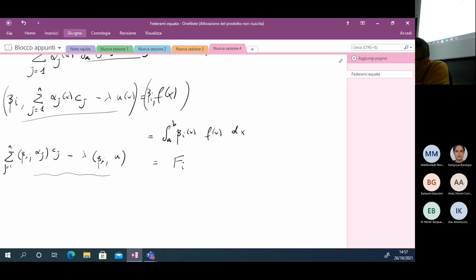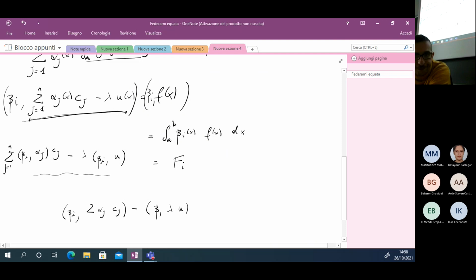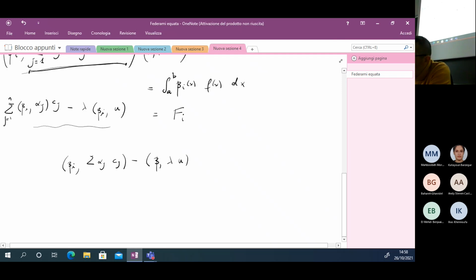I have the inner product of beta i with this object here. So I can write this as the inner product of beta i with the sum of alpha j c j, minus the inner product of beta i with lambda u. Now, lambda is a constant, so another property of the inner product tells me that this is equal to minus lambda times the inner product of beta i with u.